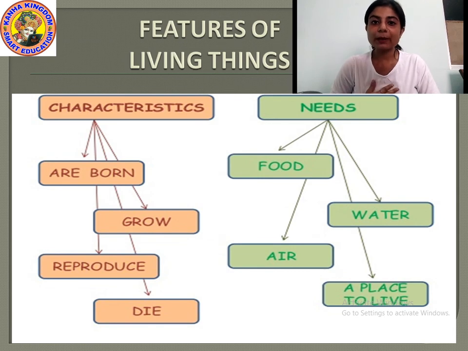We human beings, what are we? We are living things. We need food, we need water, we need air to live and a place to live. Yes or no? So these are the characteristic features of a living thing.